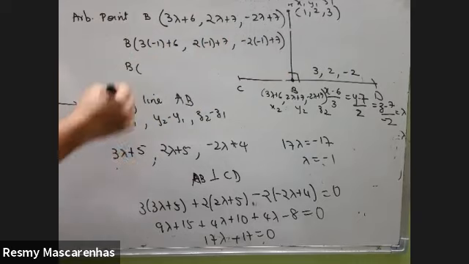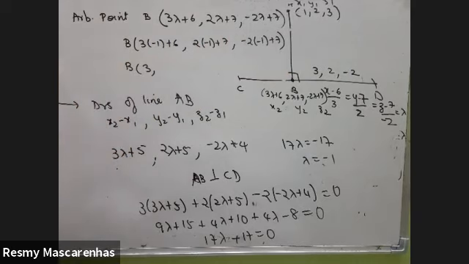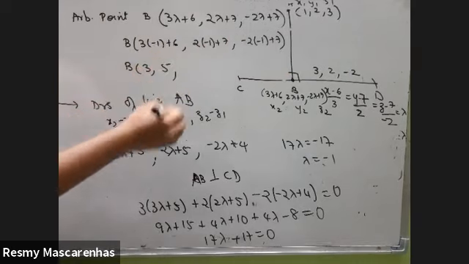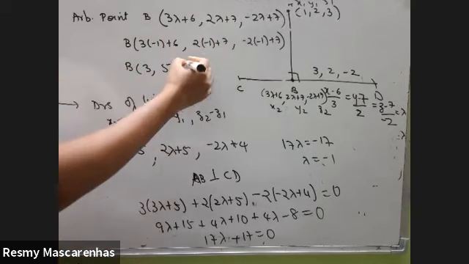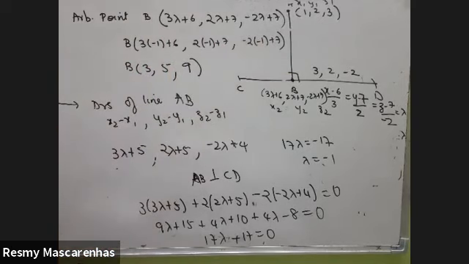Minus 3 plus 6. 5 plus 9. So you got your answer, the foot of the perpendicular.